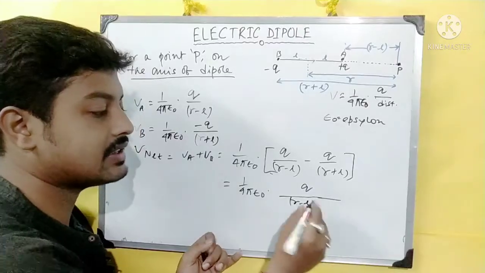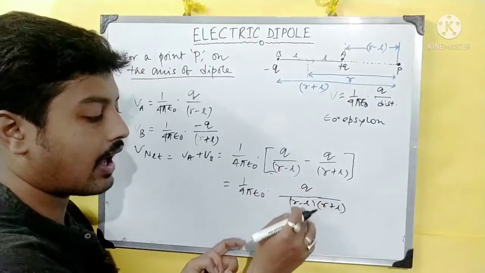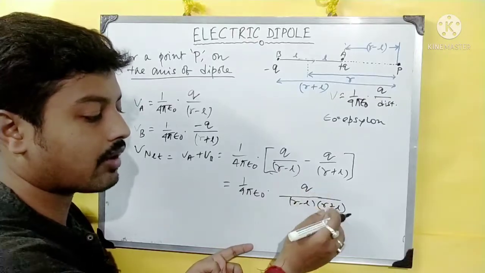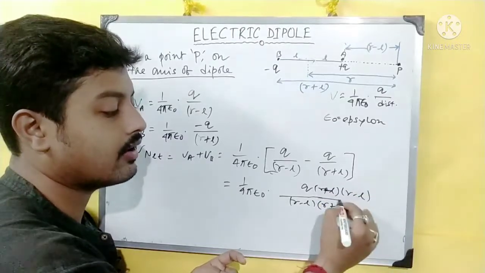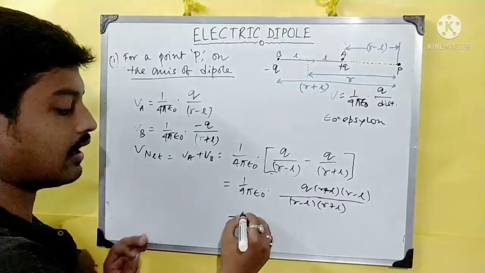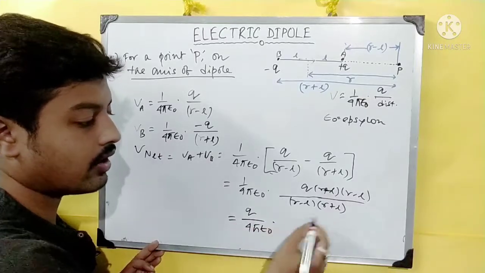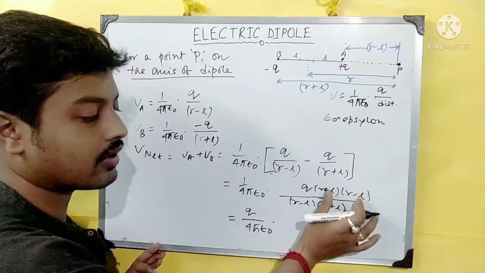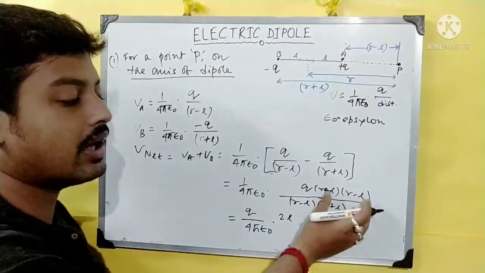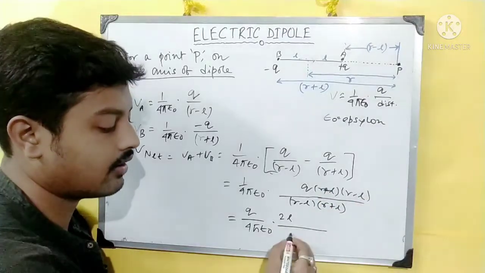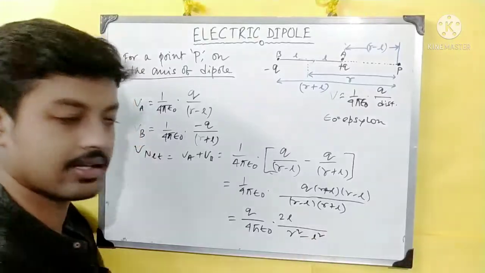Q into r plus L and r minus L, you will have an expression like Q by 4 pi epsilon 0 into this one after multiplying will become only 2L. We will have only 2L after multiplying these two, and it will be r square minus L square.